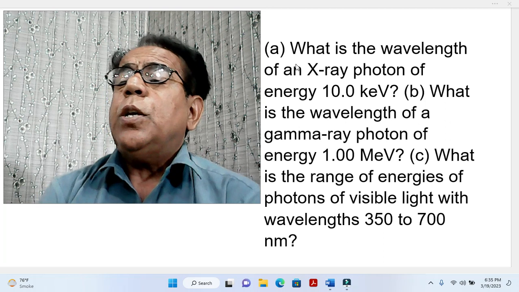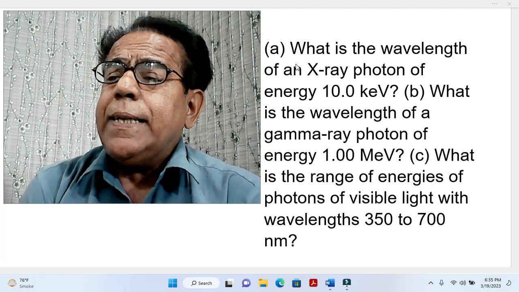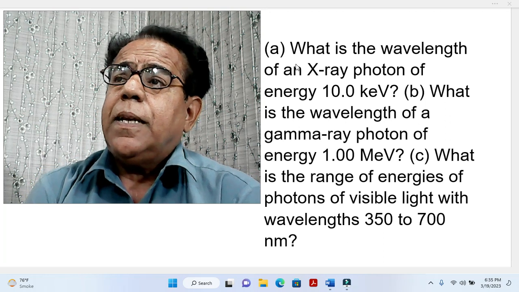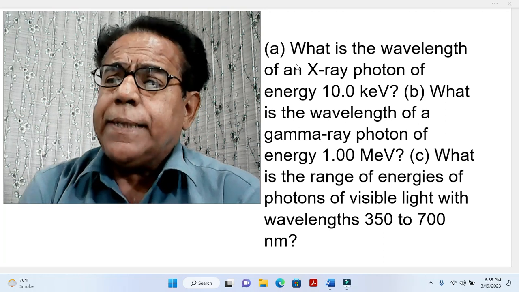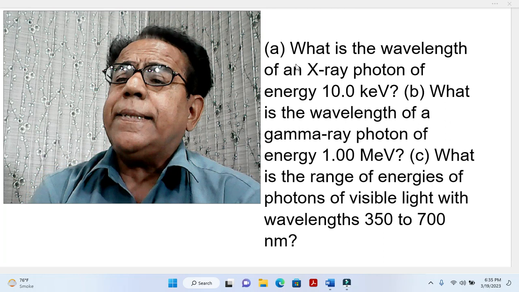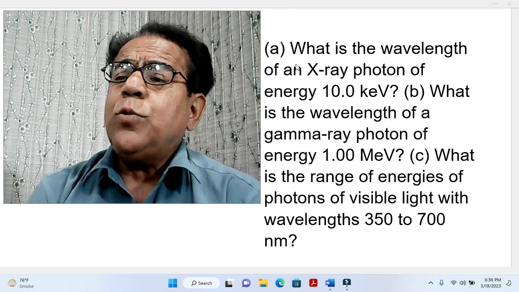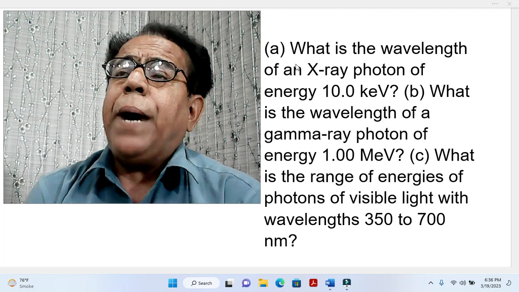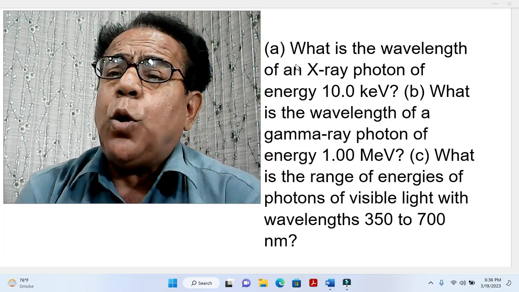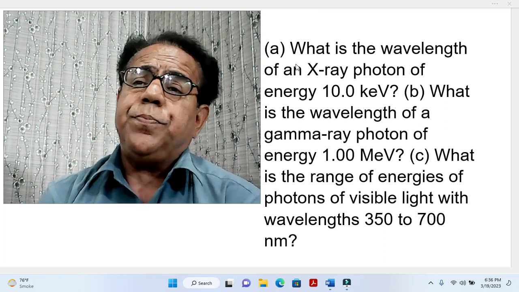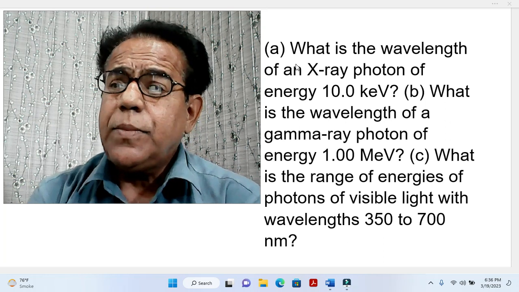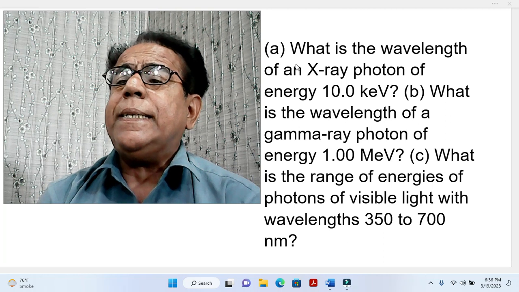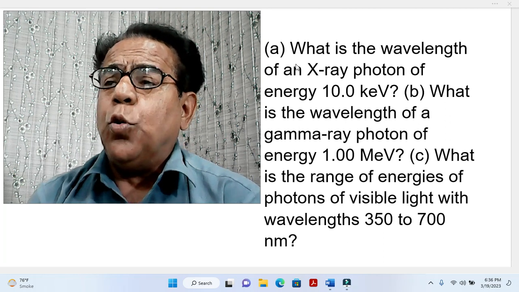So we can estimate or anticipate that answers of part A and part B will differ by a multiple of 10 raised to the power 2, because in part A energy is 10 to power 4 electron volt.